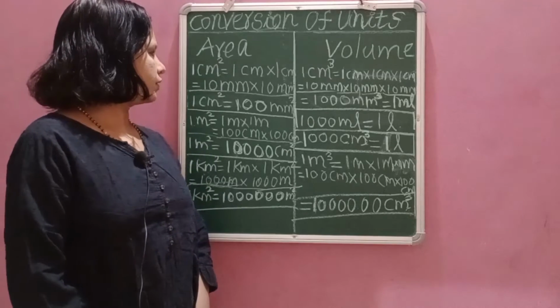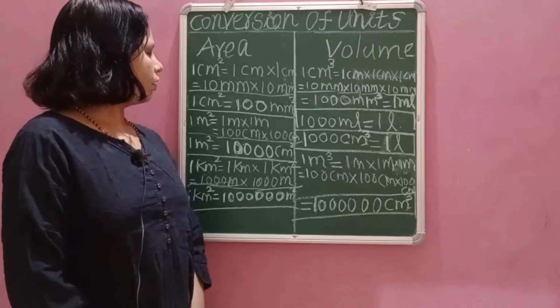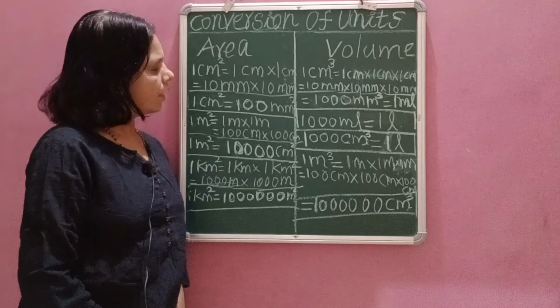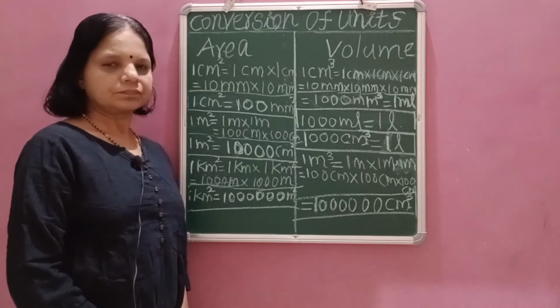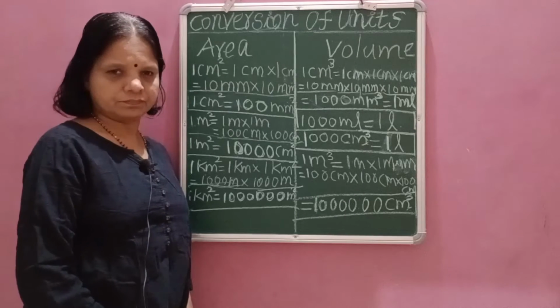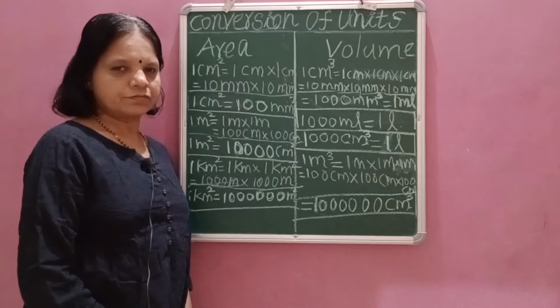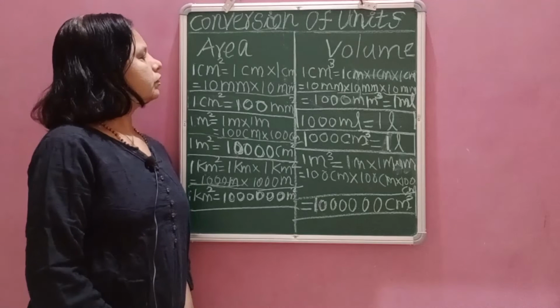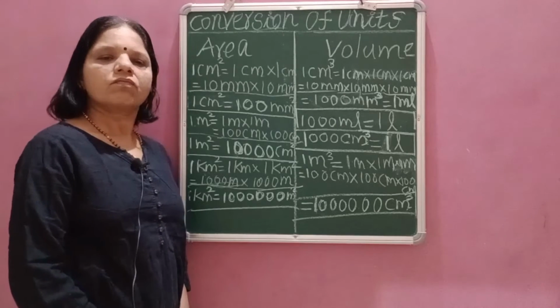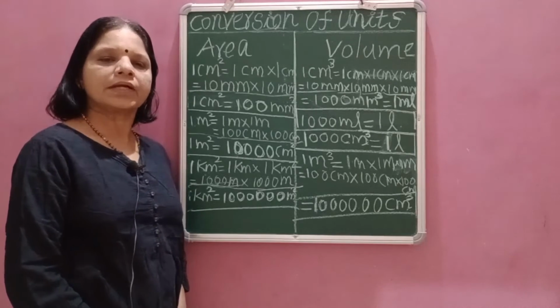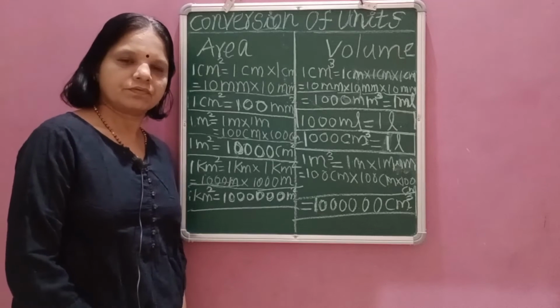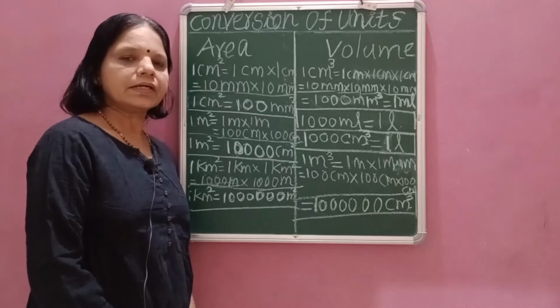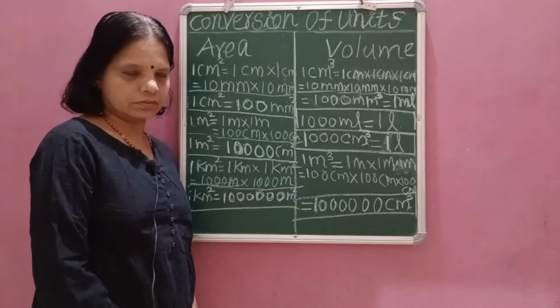First we will see what is the relation between centimeter square and millimeter square, units of area, and how it is to be converted. We know that 1 centimeter equal to 10 millimeter.